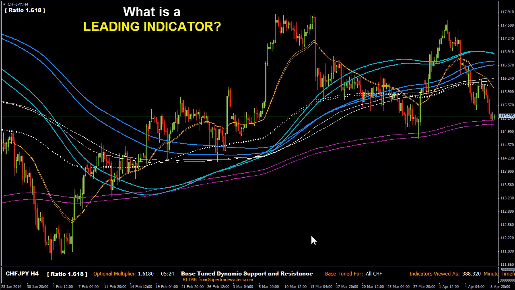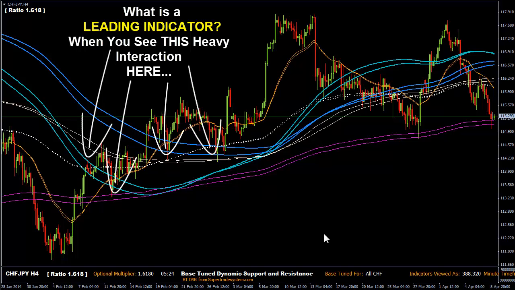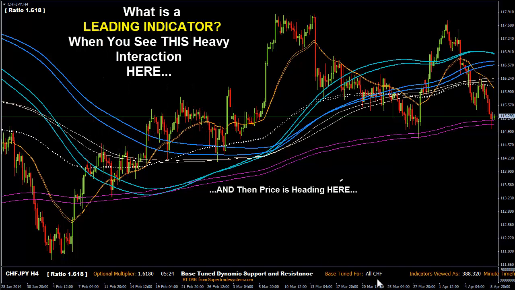And here we have a Franc-Yen H4 on ratio 1.618. All you need to do is load these up. The tool does all the work. It does the adjusting for the time frame. It does the adjusting for the pair. As you see here, this says that it's base tuned for all Franc pairs.